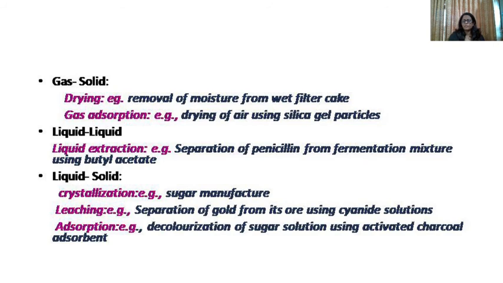They exist in the form of ores which contain huge quantities of unwanted material. If you contact the ores with a suitable solvent, it will only dissolve the required mineral, leaving out all other unwanted substances. That is how separation of gold from gold ore is done using sodium cyanide solution. Here the sodium cyanide solution acts as a solvent and dissolves only gold from the gold ore. That is how we extract metals from ores.